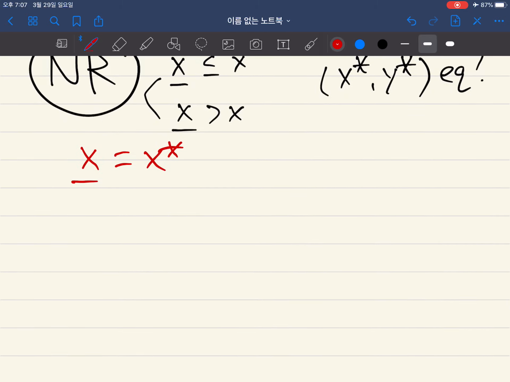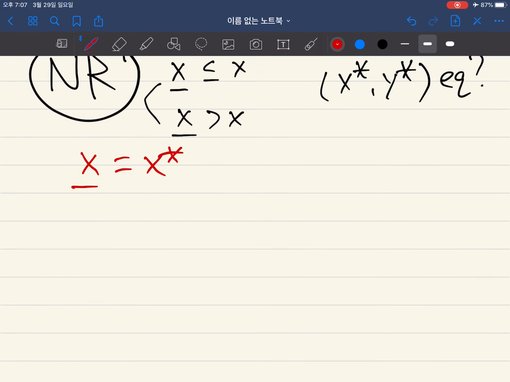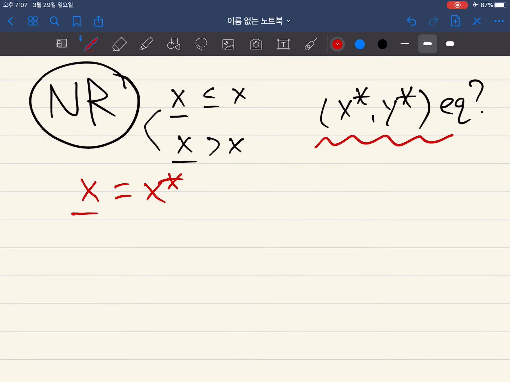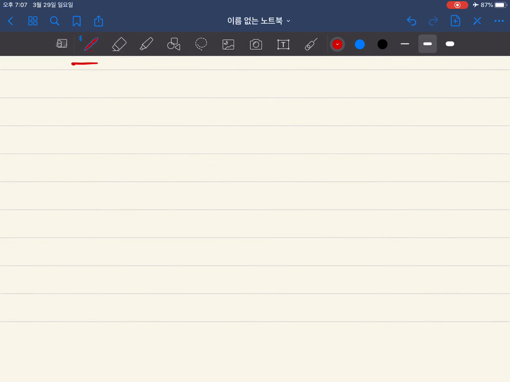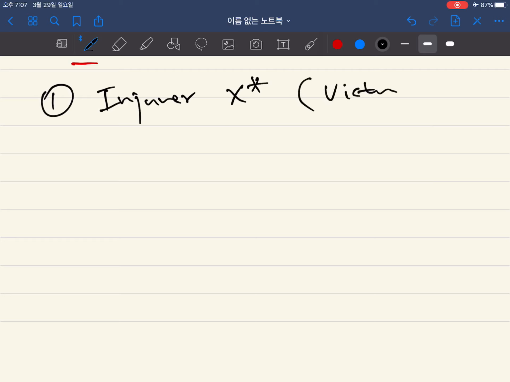Okay, so we have to show two things as before, right? To show X star, Y star is an equilibrium, you have to show two things. First, you have to show the injurer wants to choose X star as long as the victim is choosing Y star.